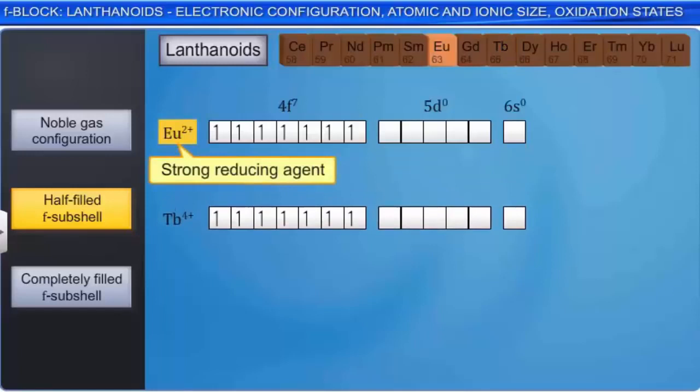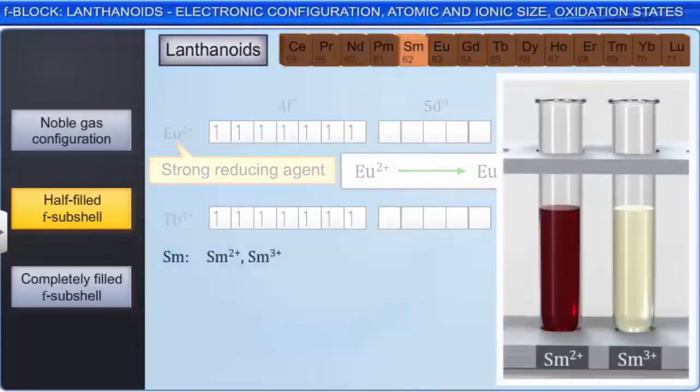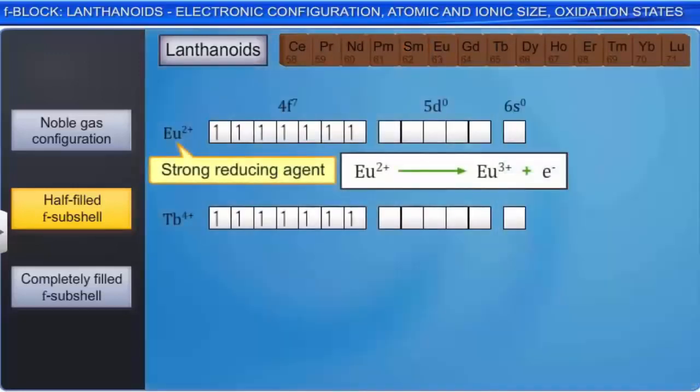Terbium 4+, on the other hand, acts as an oxidant and gets itself reduced to +3 state. Thulium 2+ stands as an example of the third case. Thulium 2+ ion acts as a reducing agent and changes to +3 state.